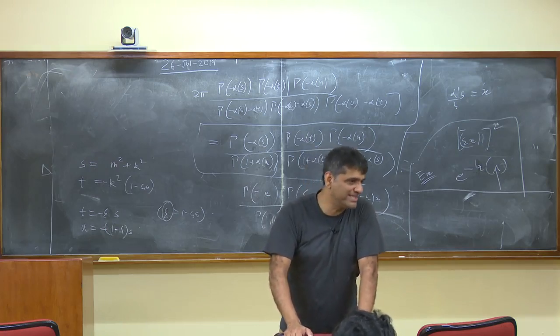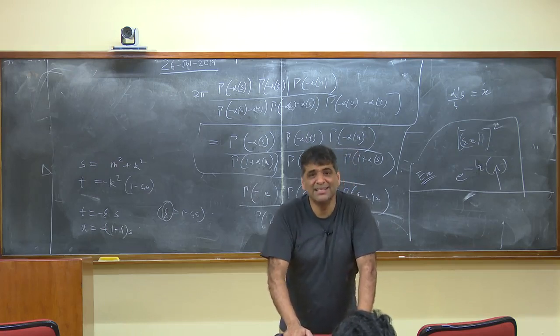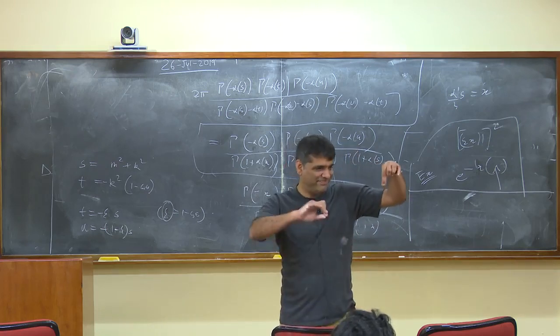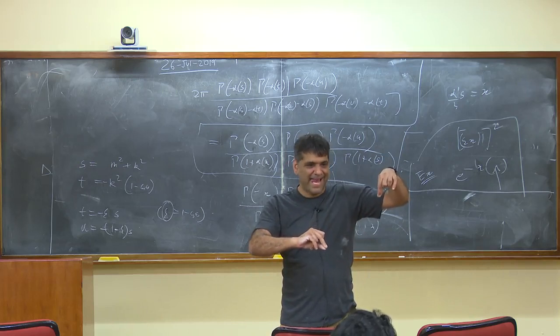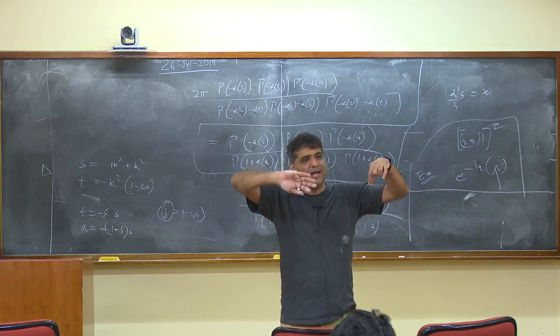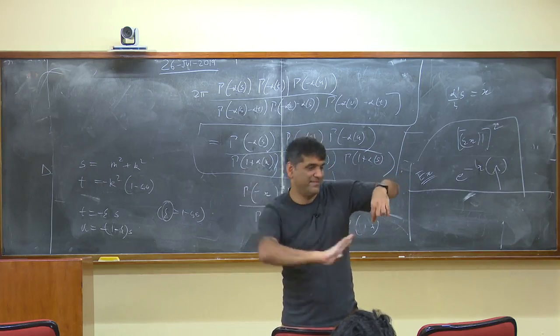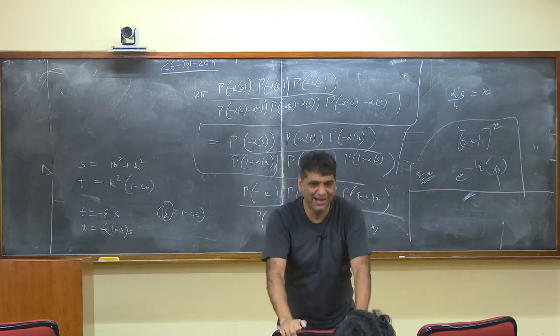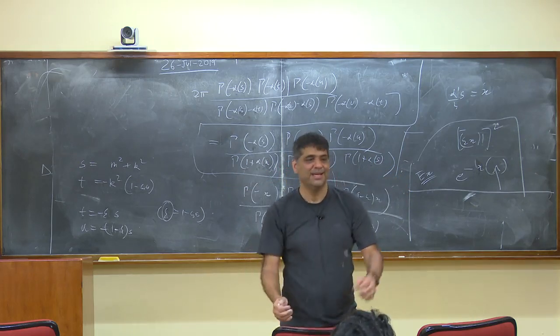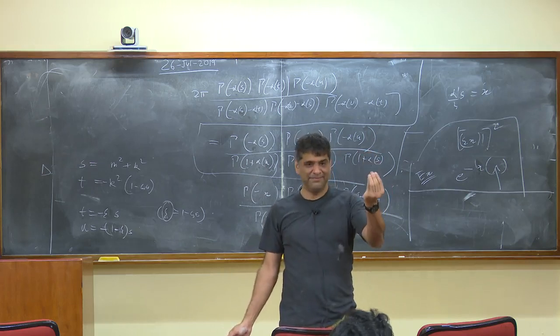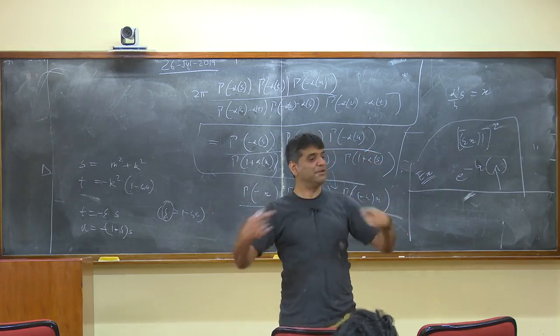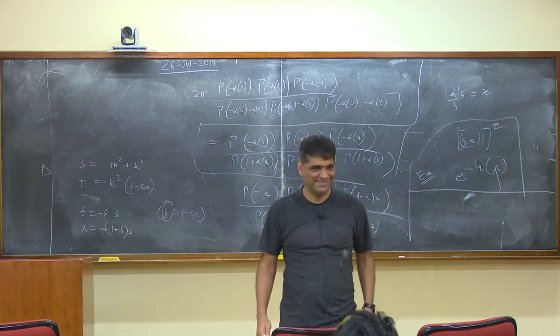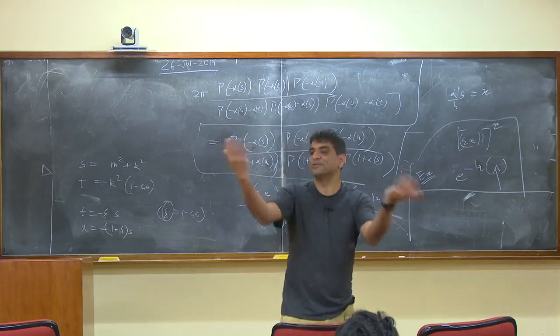And the UV fixed point is either free, which you approach typically through asymptotic freedom, so you get a log, or in non-trivial cases is an interacting fixed point, in which case scattering amplitudes grow like powers, because in conformal field theories everything grows like a power.